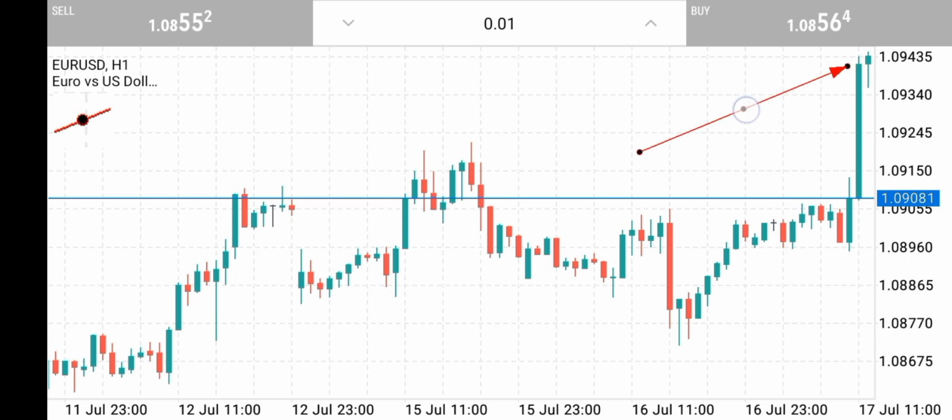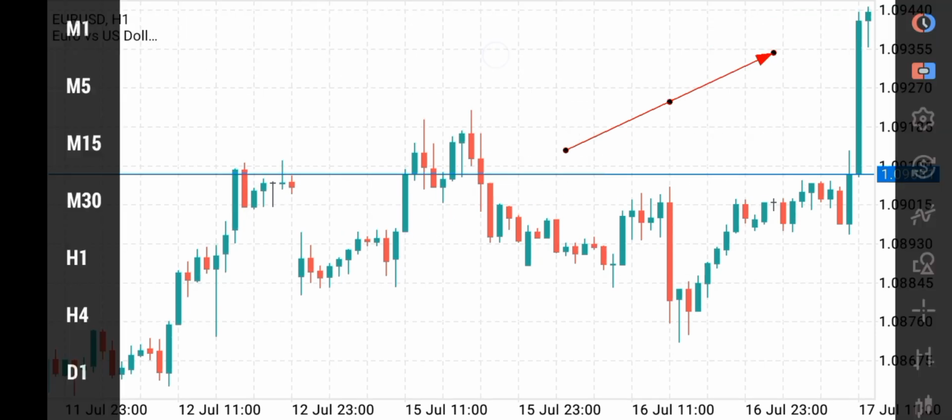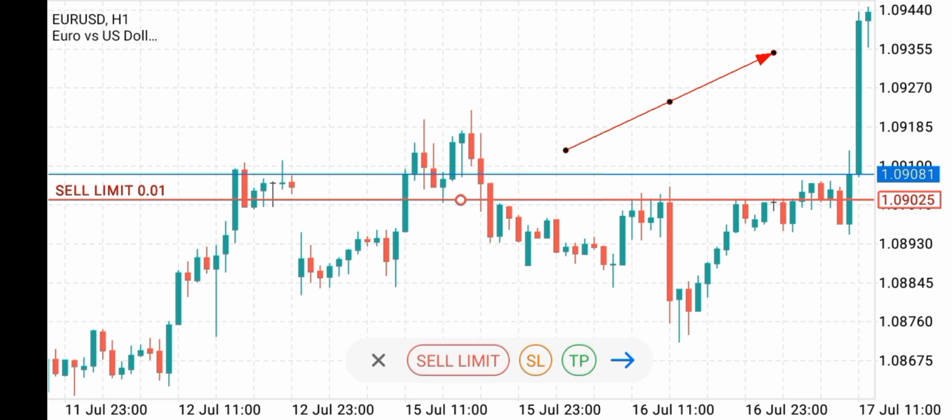But because of your busy schedule, you know that in the next few hours you might not be on the chart to enter that sell, to manually click on the sell button. So instead of you missing out in a trade like this, you can enter what is called a sell limit.